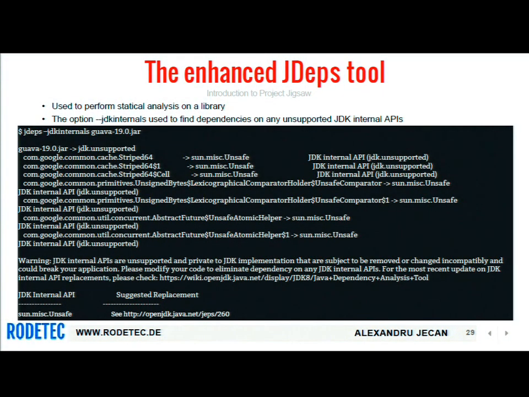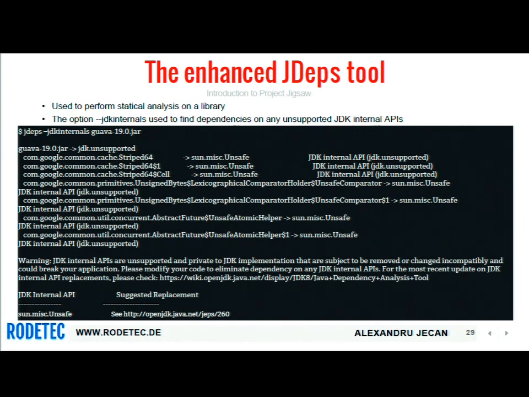You have the JDeps tool. This is already in 8, but it has been enhanced in 9. When you switch to Java 9, you want to see: do I have JDK internal APIs? This is a static analysis tool, and you say jdeps -jdkinternals, and here I use, for instance, Guava. I want to see, does Guava use unsupported JDK APIs?